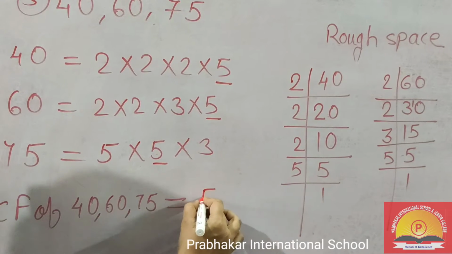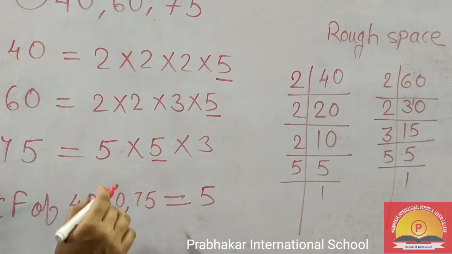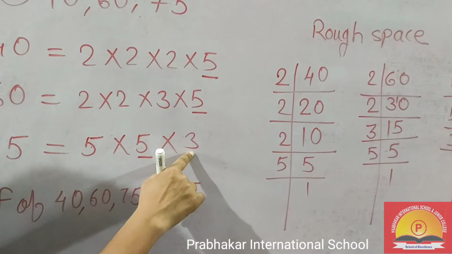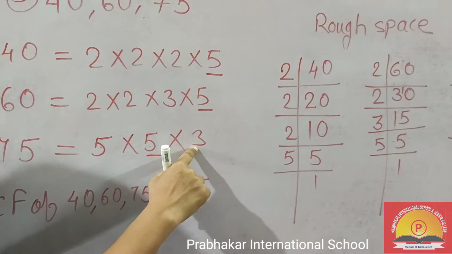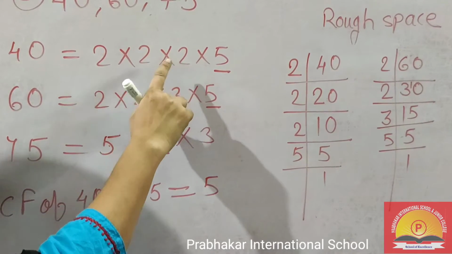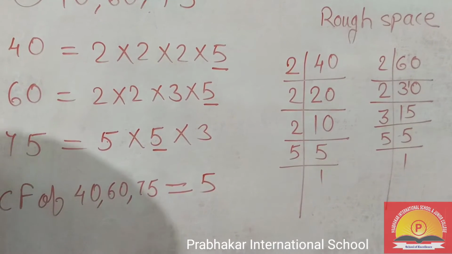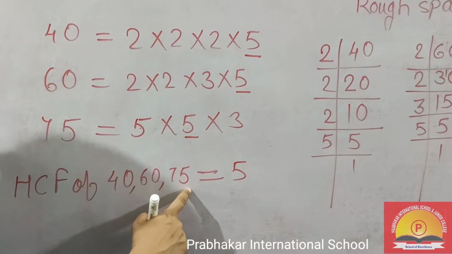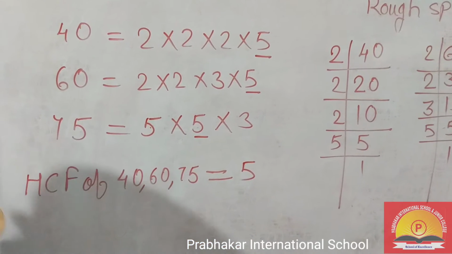So 5 is the common number. Now 5 is here but not here, so this is not common. Now 3 is here also and here also, but in the prime factors of 40 we are not having any 3. It means that we can't take that number. So HCF of 40, 60 and 75 is 5.